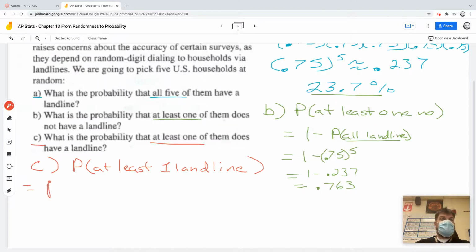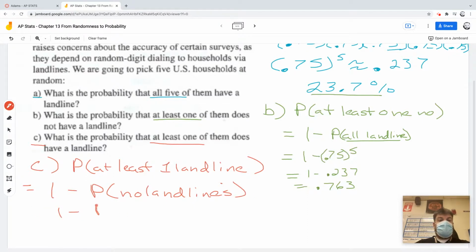So it's the complement. I would say 1 minus the probability of no landlines. And we know what that is.